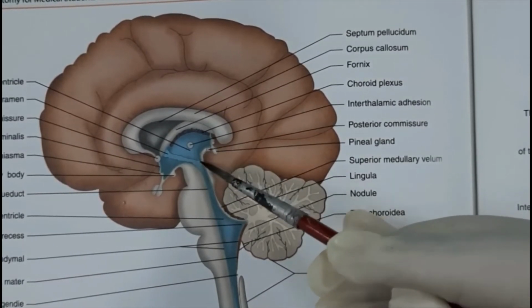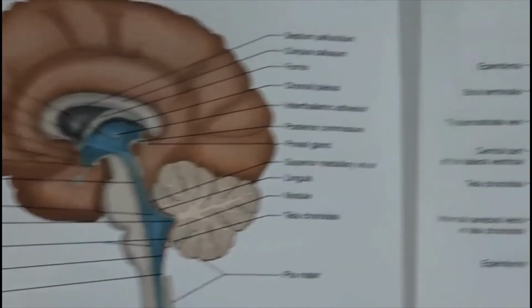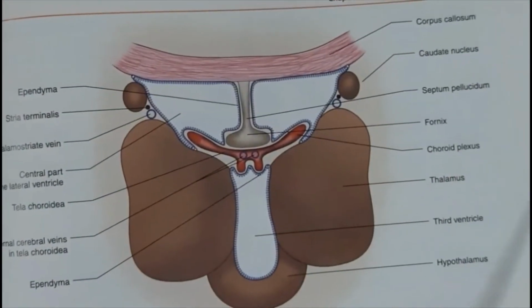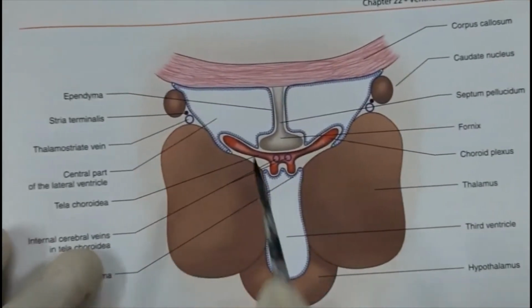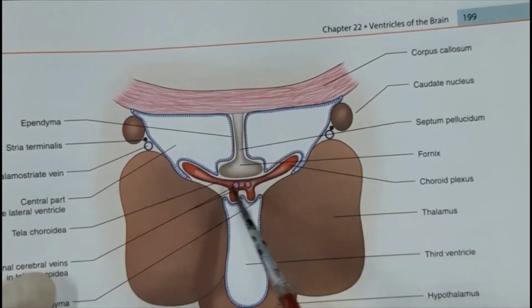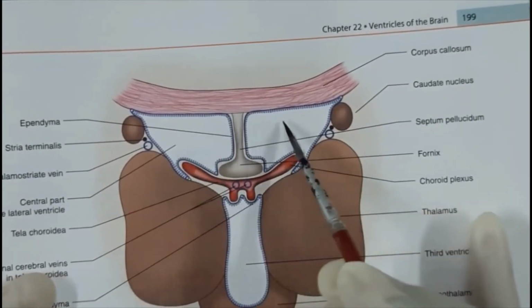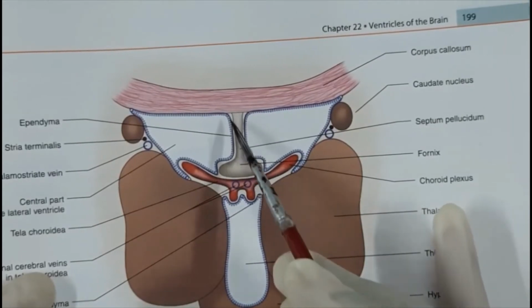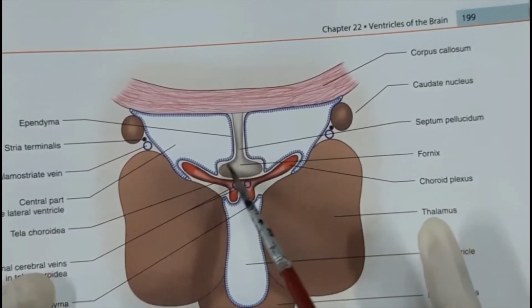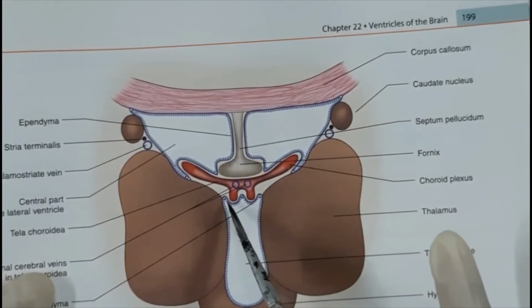Okay, posterior wall done. Let us go to the roof. We have covered the anterior wall, posterior wall, and lateral wall, and now we are going to the roof. This is a diagrammatic representation. This is the third ventricle. These two are the right and left lateral ventricles. This is the septum pellucidum, and this is the fornix, which rests on the edge of the thalamus here.